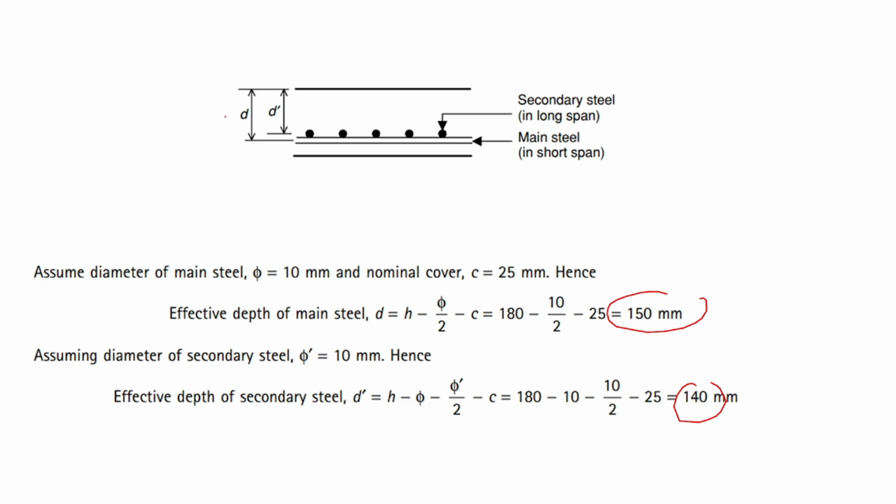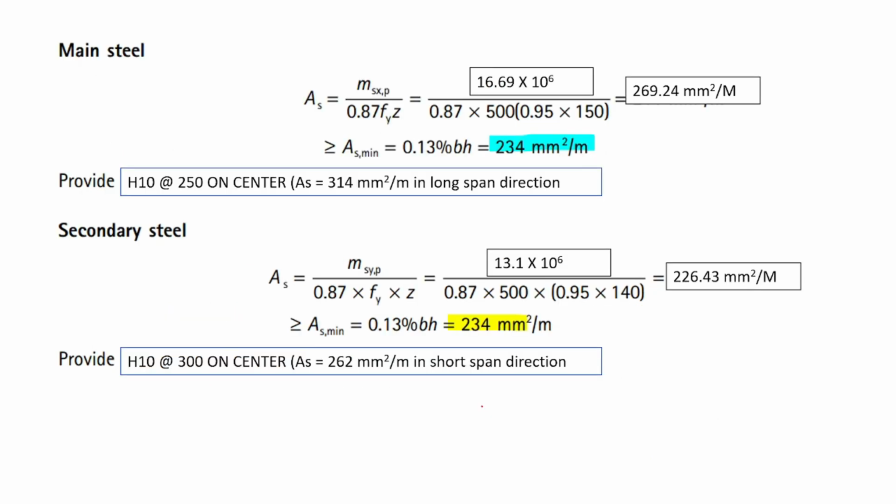The main bar is 150, or D. Secondary bar, from here it's 140. The difference of them is only 10. The same concept that we had in our previous calculation.